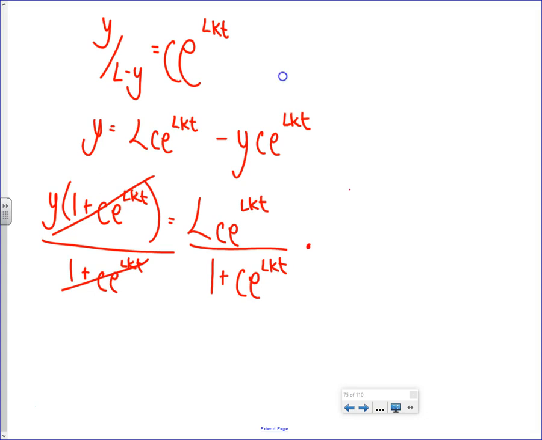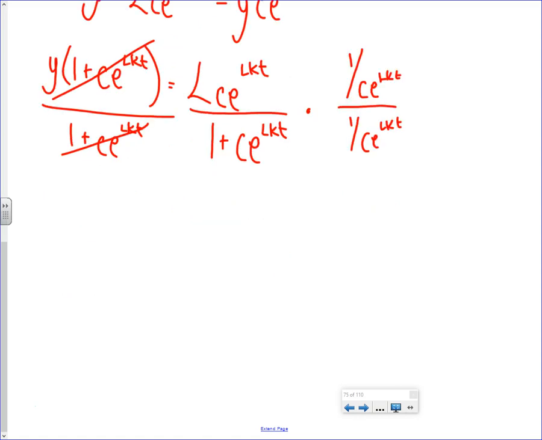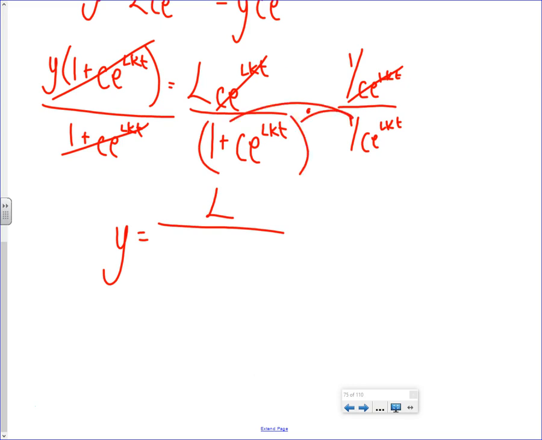If I multiply by 1 over C e to the L k t, I would get y equals, these reduce, L all over 1 plus C e to the negative L k t, because the one from this cancels out.